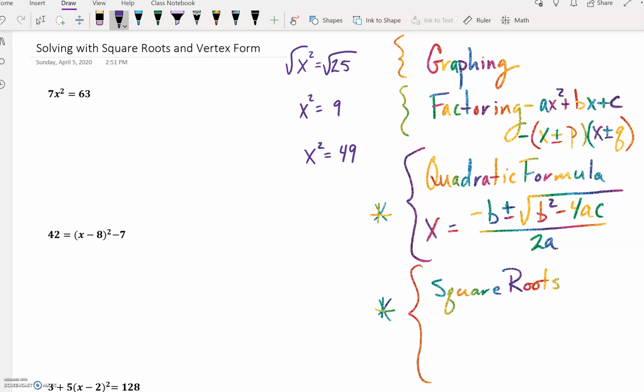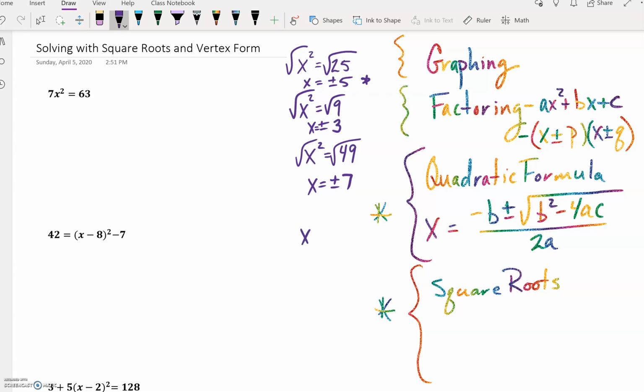It can't be simplified any more than to just write it as plus and minus 5, right? Because 5 times 5 is 25, and negative 5 times negative 5 is 25. That's why you have to include both answers, all right? This one would be plus and minus 3. This one, as you take the square root of both sides, would be x equals, what do you think? Shout it out. Good job. 7.